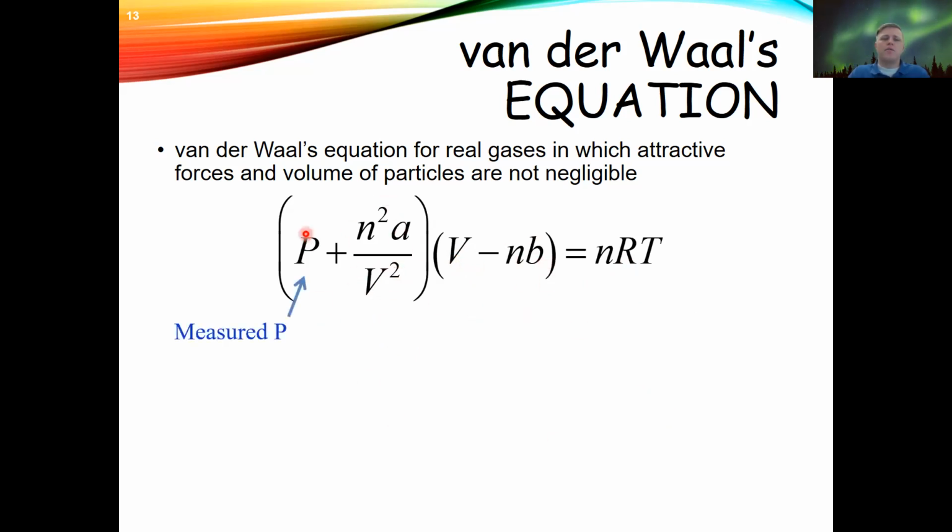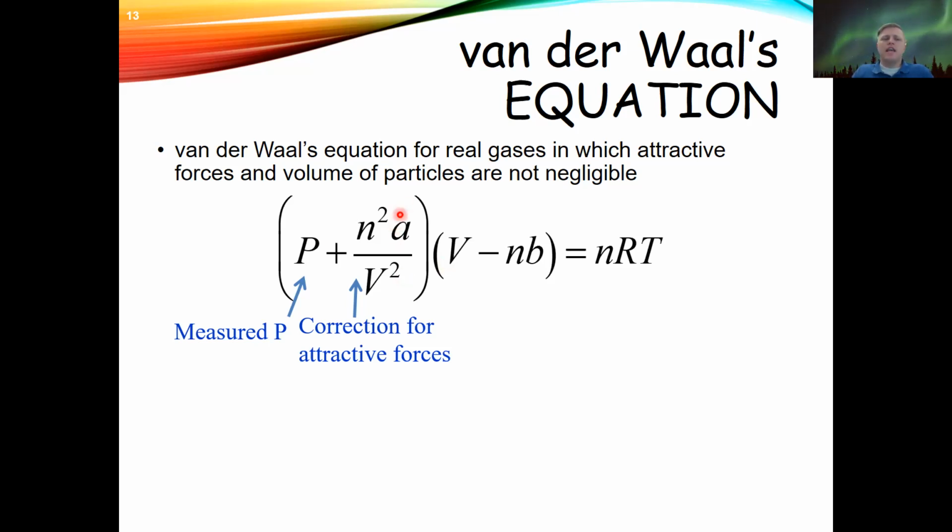We have our measured pressure here, and then we have this big old correction factor. In this correction factor, you'll notice that we've got n squared, so it depends on the number of moles squared. And then we also have the volume squared. So the bigger the volume gets, the less these interactions are going to affect you.